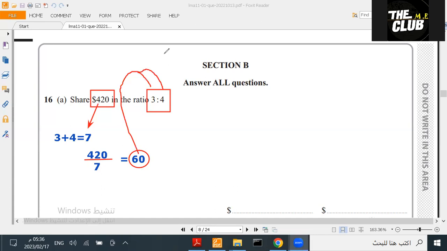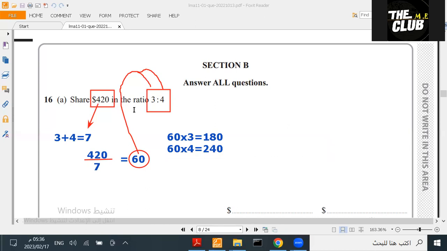So first 60 times 3, and then 60 times 4. 60 times 3 equals 180. That's the first one. Then 60 times 4 equals 240.